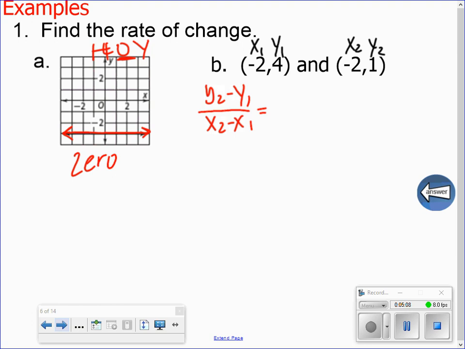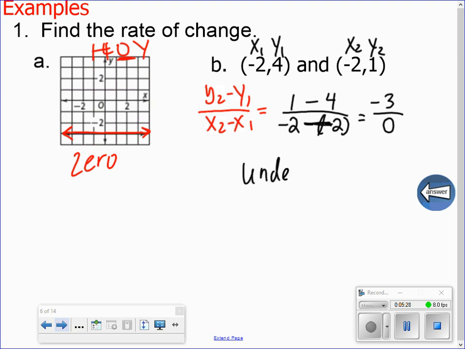So my y2 is 1, my y1 is 4, my x2 is negative 2, my x1 is also negative 2. 1 minus 4 is negative 3. Negative 2 minus a negative 2, or negative 2 plus 2, is 0. And because 0 is in the denominator, this would be an undefined slope. And so we would write undefined slope.